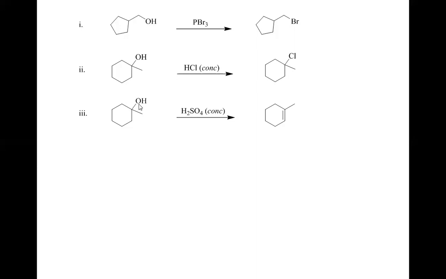Once this hydroxy is protonated with the help of sulfuric acid, it will become a good leaving group, and rather than the reaction stopping at the sulfonic group added here, we will have this beta hydrogen eliminated and a double bond formed between these two carbons to afford this alkene.